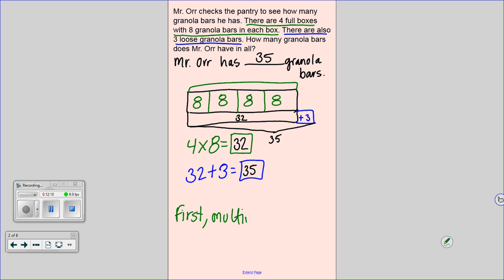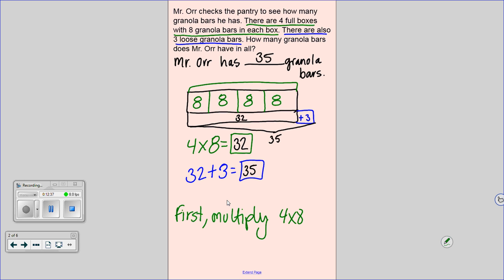You are doing this in whatever color you did for your 8s. First, multiply 4 times 8. I'm writing that in crayon, I used green for my bar, but whatever you used for yours. So the first math operation I did is I multiplied.